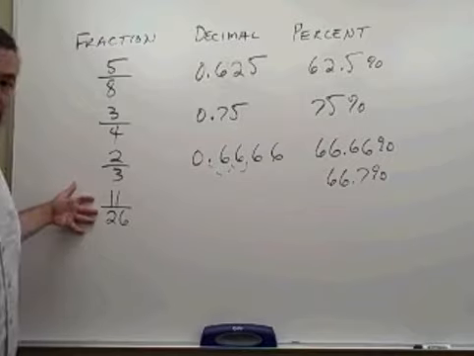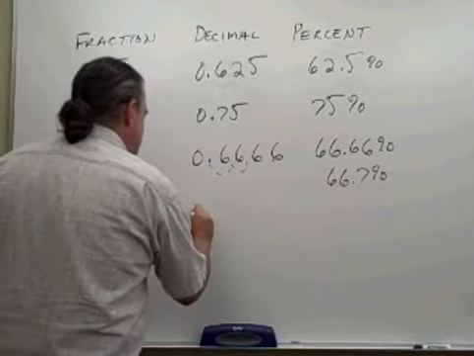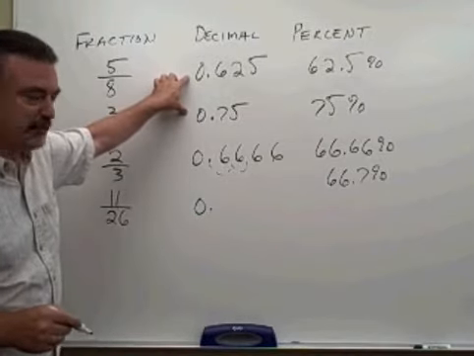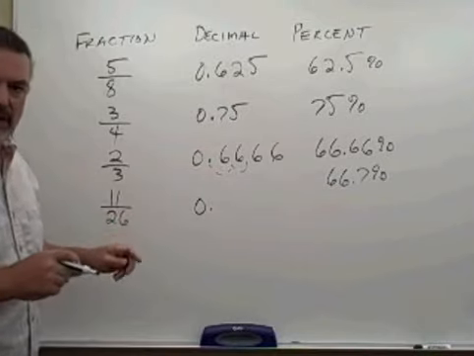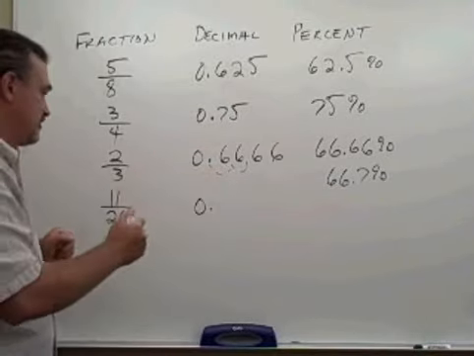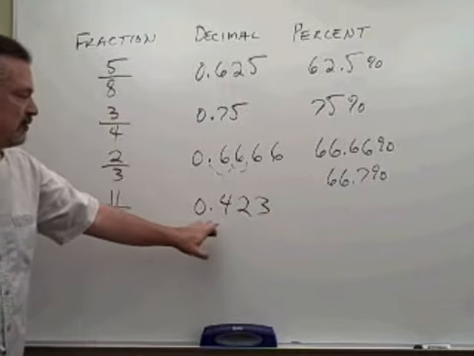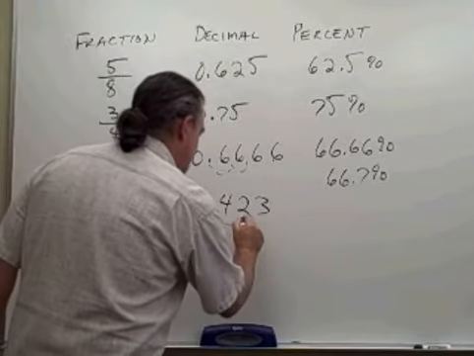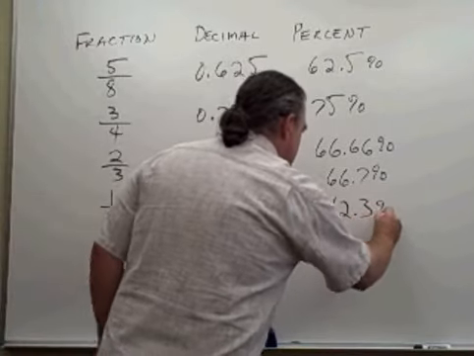Or we could have a situation with this fraction that we've looked at before. When we divide this fraction, it doesn't terminate like these do when we produce the decimal. It doesn't repeat with a small quantity. It repeats with a large number of digits. So maybe, again, we would just go out a few decimal places, in this case 3, and then when we convert that to its equivalent, we'd have 42.3%.